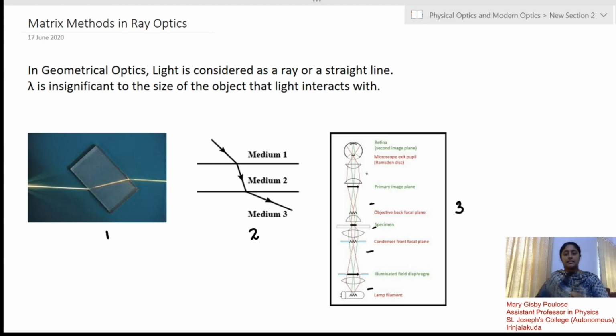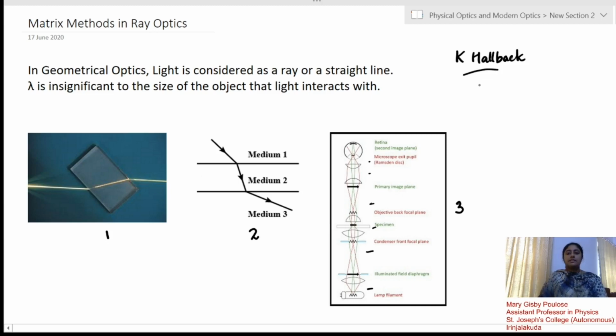And then again and again, it repeats if there are a number of lenses. So this process becomes very tough to calculate. In order to reduce this complexity, it was K. Halbach who introduced the matrix method in ray optics.